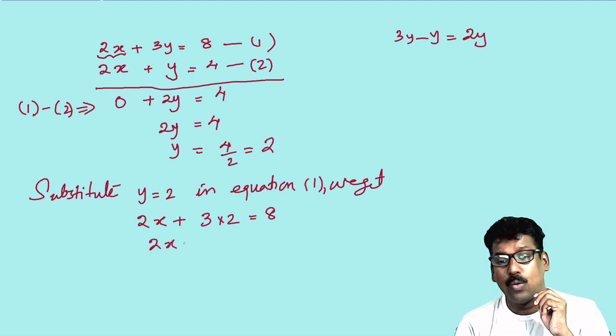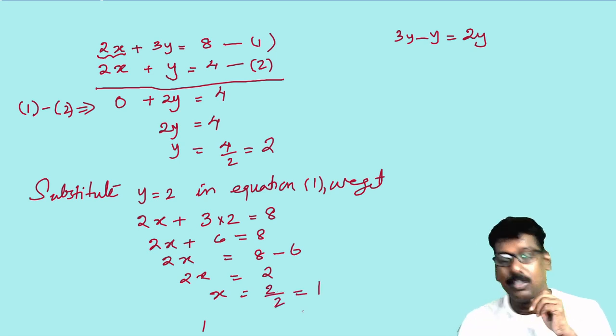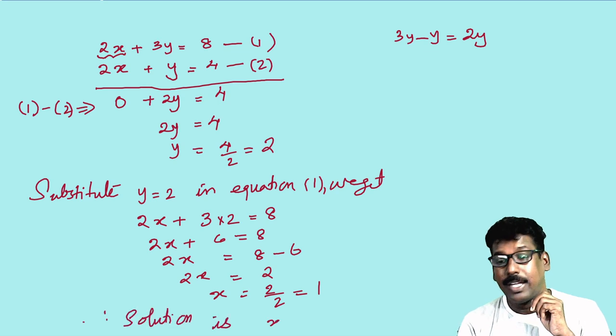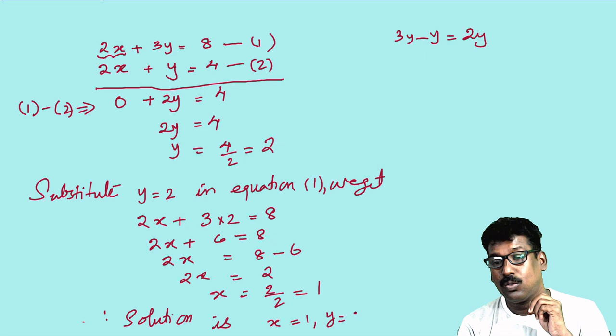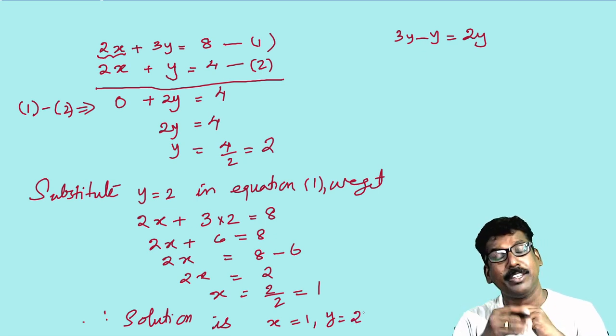That is 2x plus 6 is equal to 8. 2x is equal to 8 minus 6, that is 2. x you get as 2 by 2, which is 1. Therefore, the solution is x is equal to 1, y is equal to 2. It's a very simple way of solving a pair of linear equations in two variables.